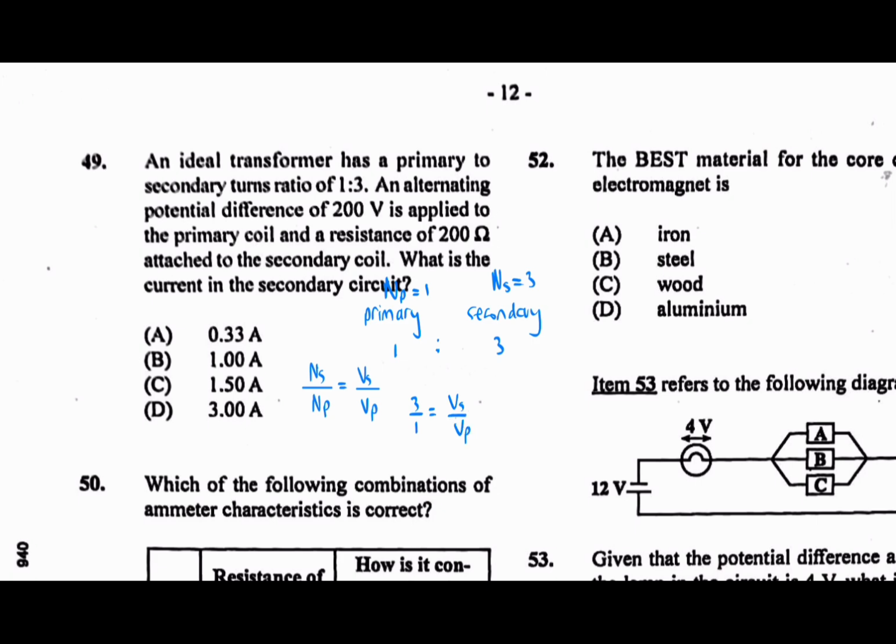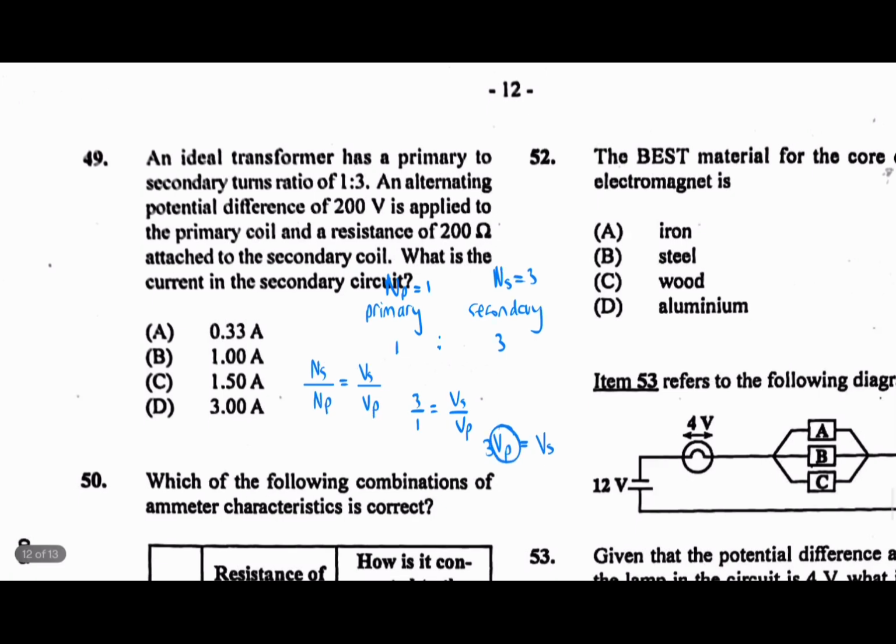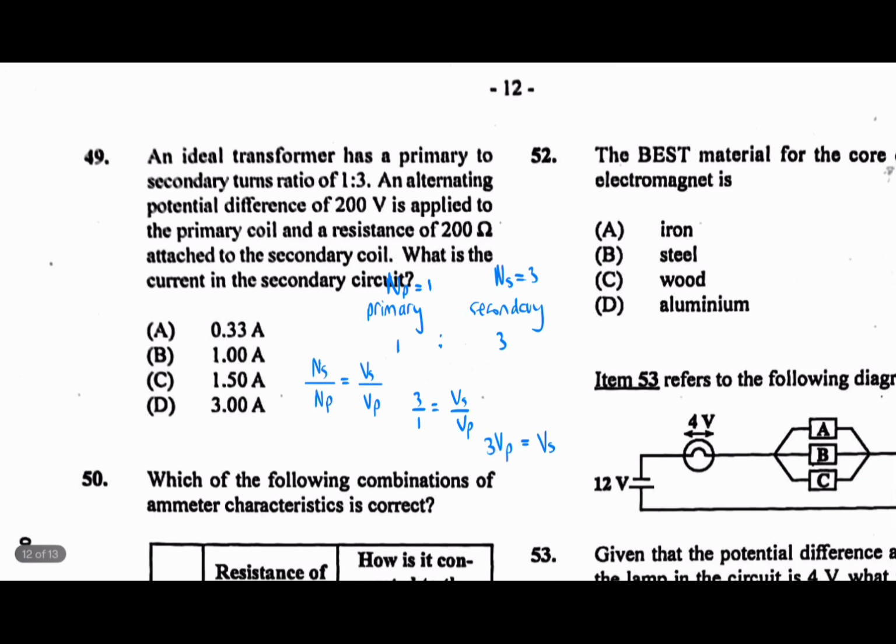If you cross multiply, you'll see that to get the voltage in the secondary, we have to multiply the voltage in the primary by 3. So if 200 volts is applied to the primary, the voltage in the secondary is going to be 3 times 200, which is equal to 600 volts.